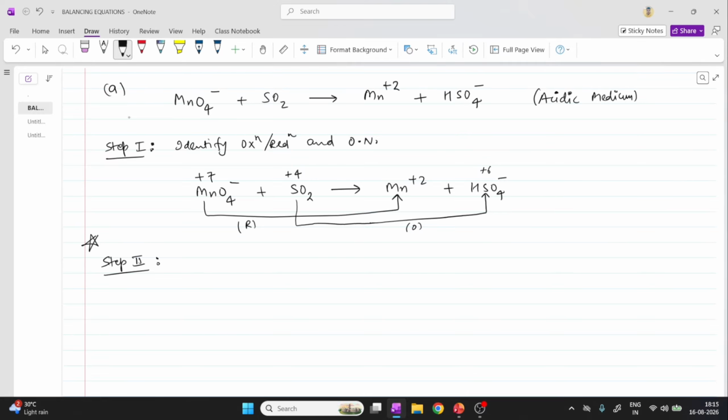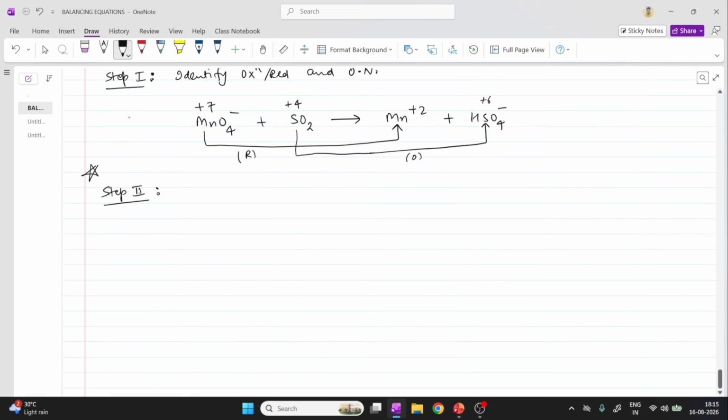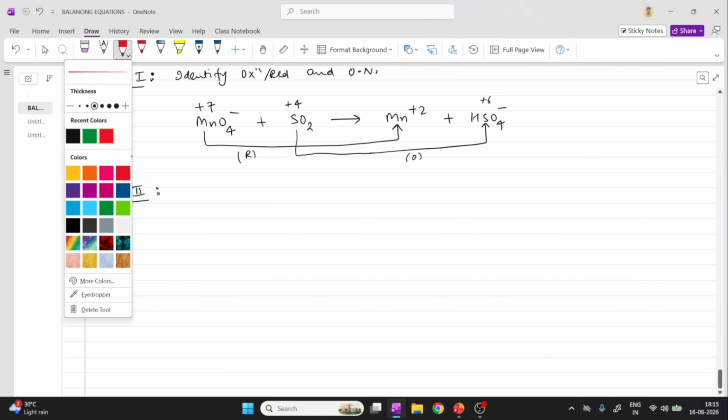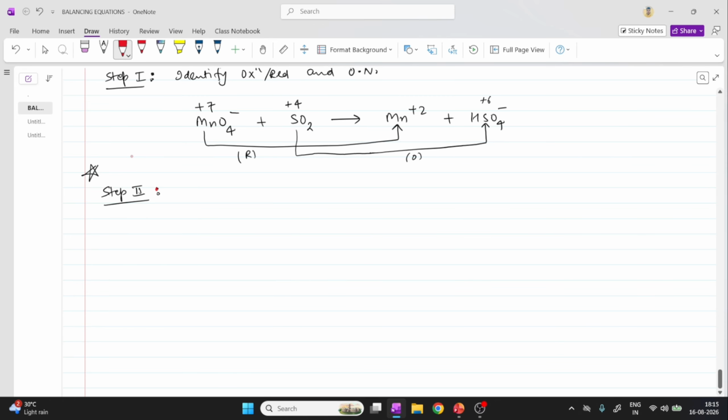I would say this step is most important. Why? Because this step differs from the previous method, which is the half reaction method or ion electron method. In this particular method, what we have to do is look at the difference. Manganese is moving from +7 to +2, that means a difference of 5, whereas sulfur is moving from +4 to +6, that means a difference of 2.